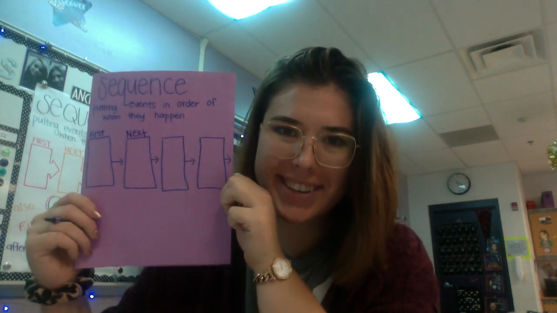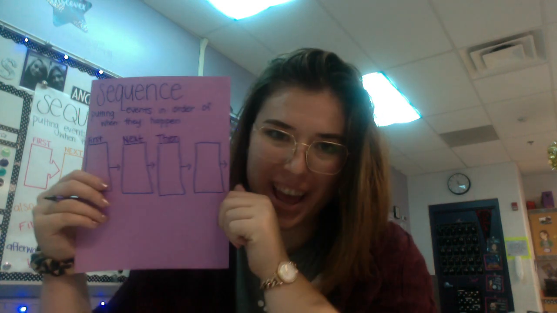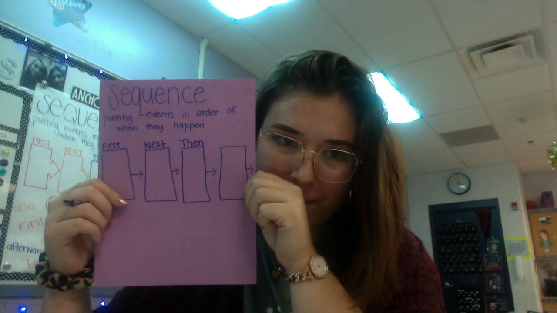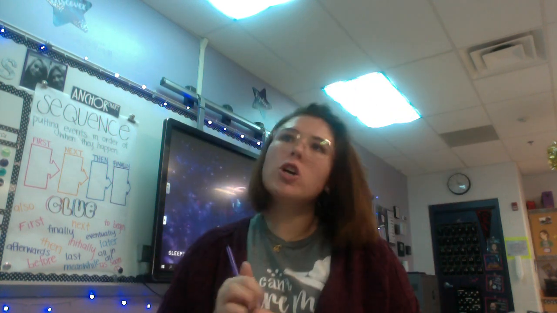You guessed it, next. Then, your third box is then. And finally, you go to your last box, which is finally. So, at any given point, you should be able to break up a story into 3 separate parts.